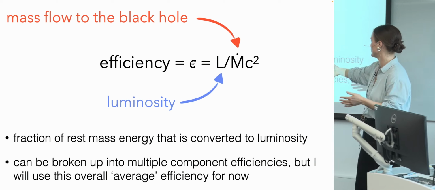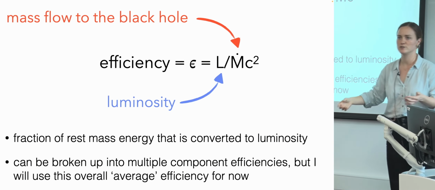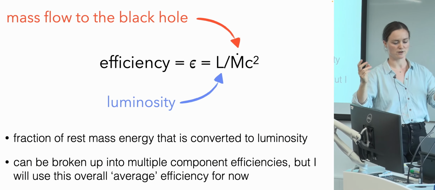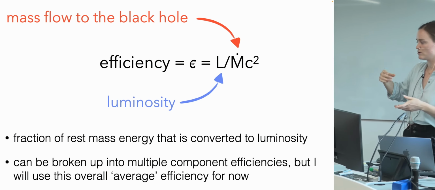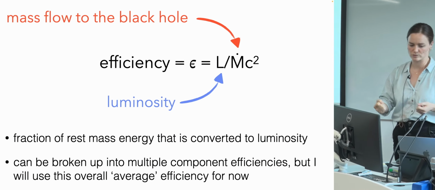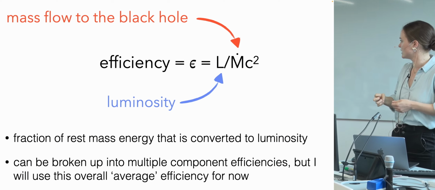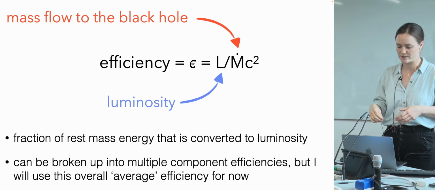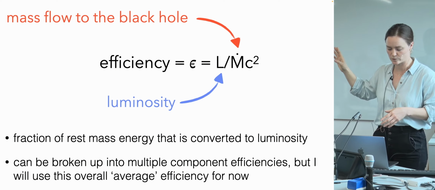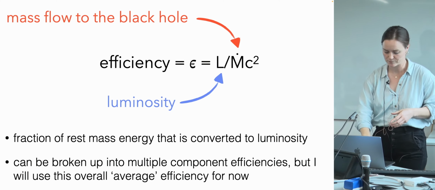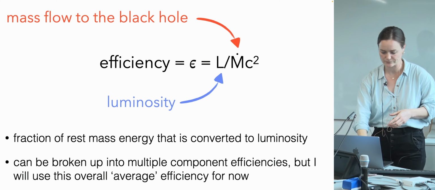So this could really be broken up into multiple component efficiencies. You'd expect some fraction of the mass to be thrown out in winds. And then there's also additional efficiencies for the actual stream collisions or accretion disks. But I think this is a simpler way to look at the big picture and think about limiting cases.